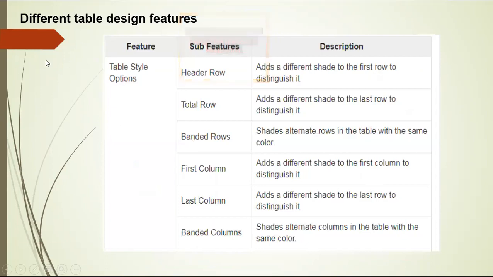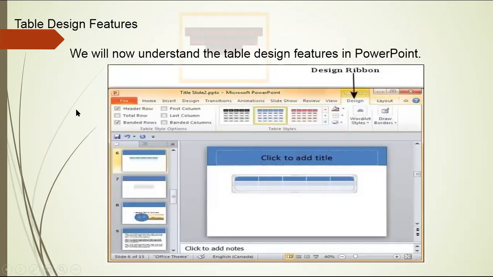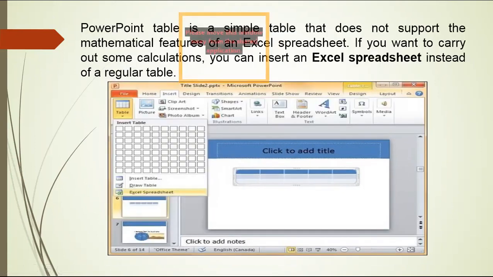Yun yung isang feature niya kung paano ka mag-create ng table sa PowerPoint. Okay? Yung nakikita mo naman pag nag-create tayo ng table sa PowerPoint, yung parang may format na, may kulay-kulay na siya, automatic.